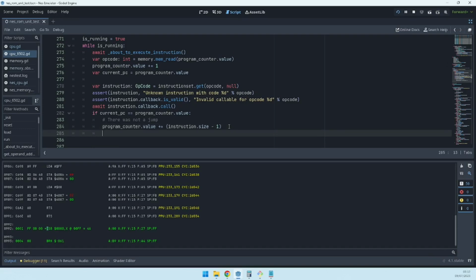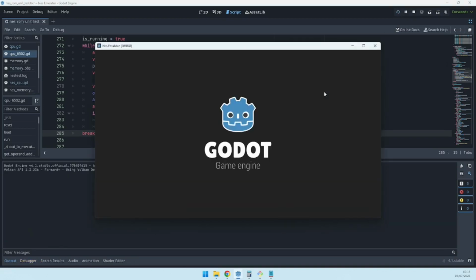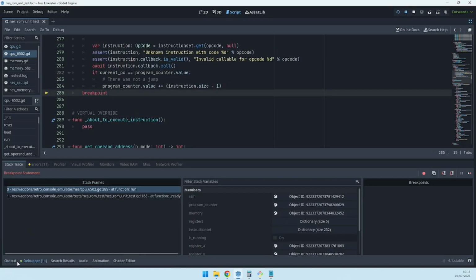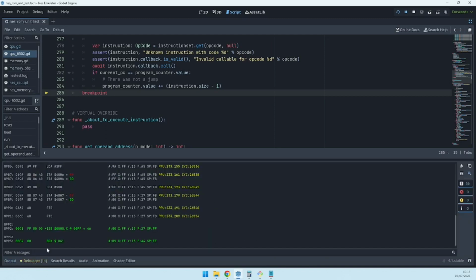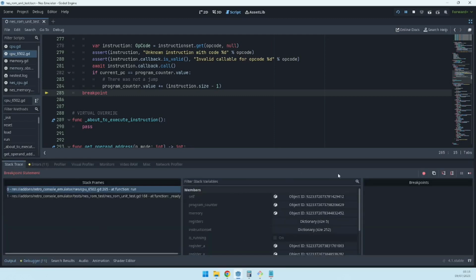And put the breakpoint here. Okay. Finish it running everything. And now I want to see.